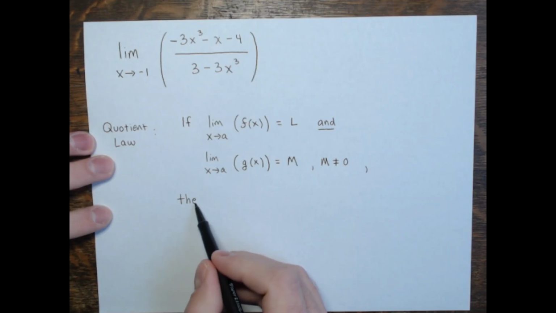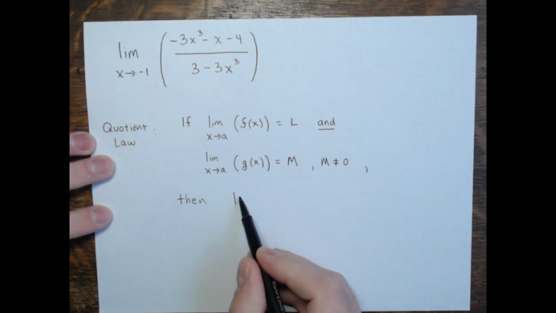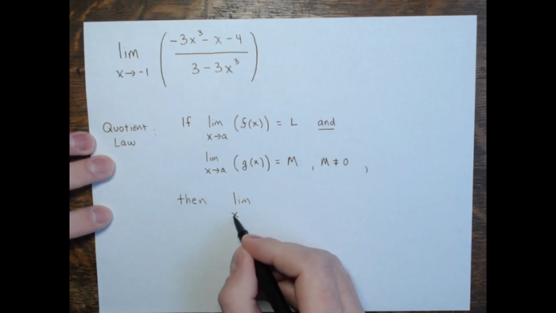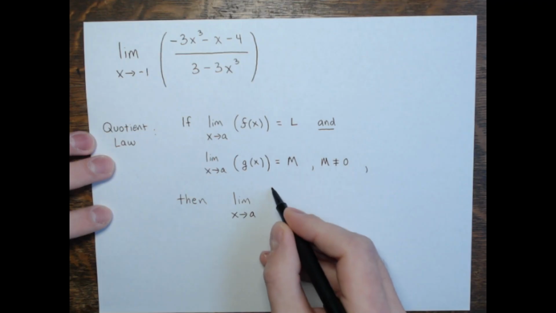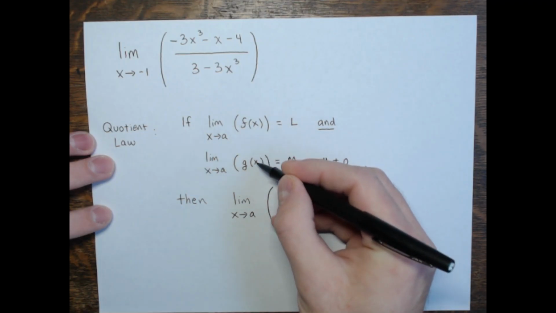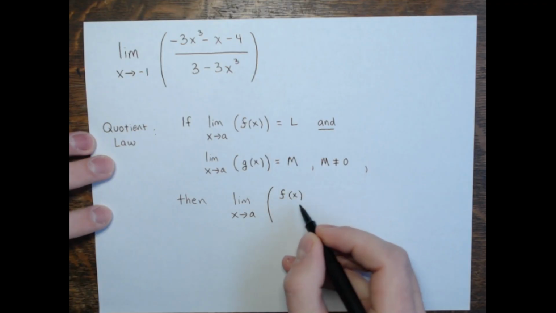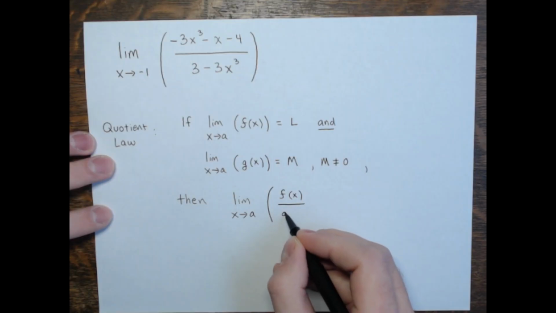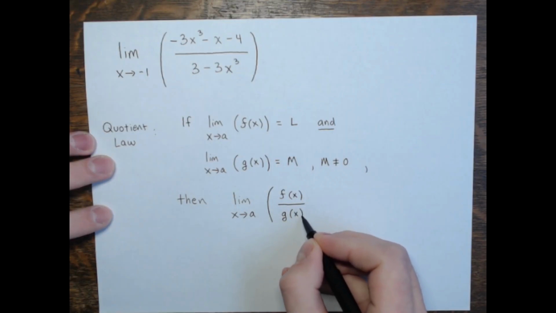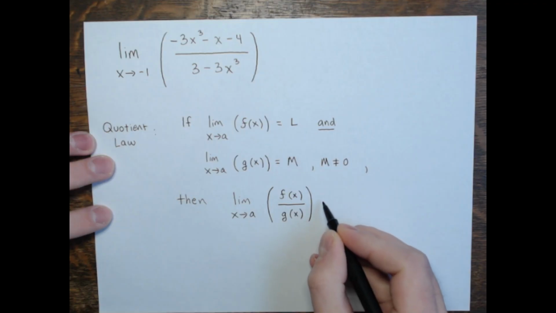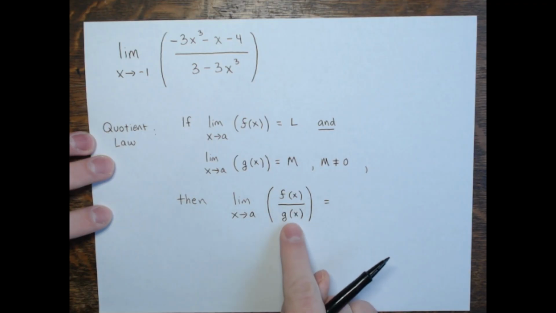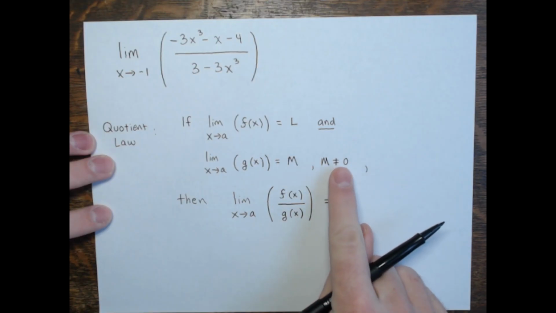Then, if you were to take the limit as x approaches a of the ratio of these two, take f of x divided by g of x, as long as the denominator is not approaching 0, right?